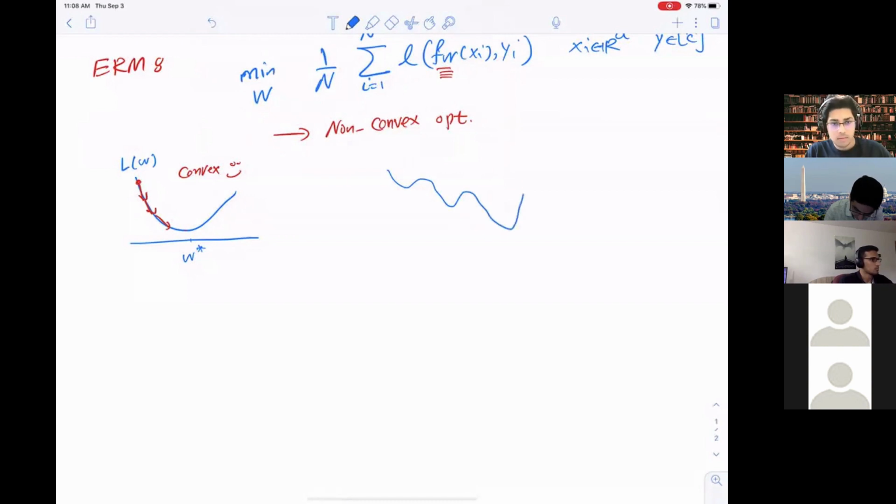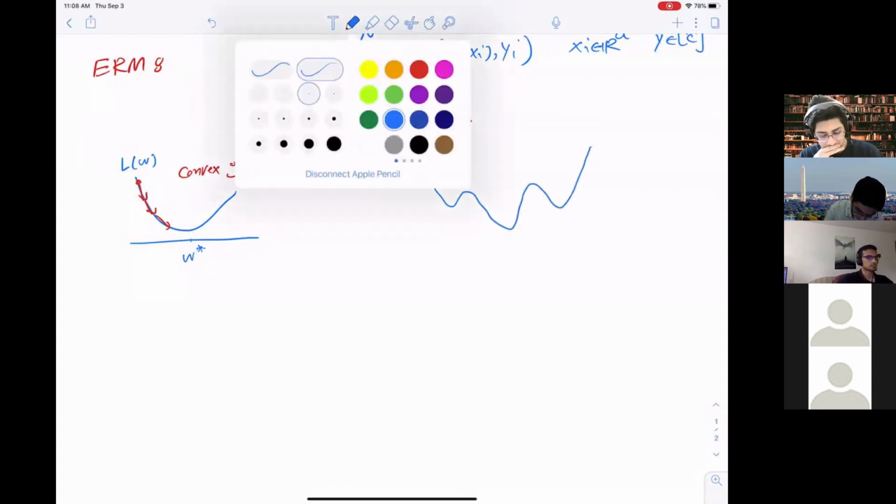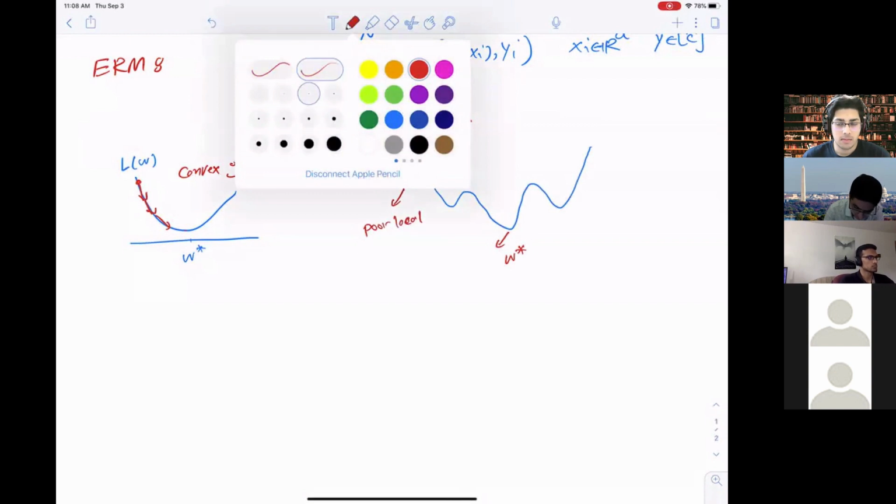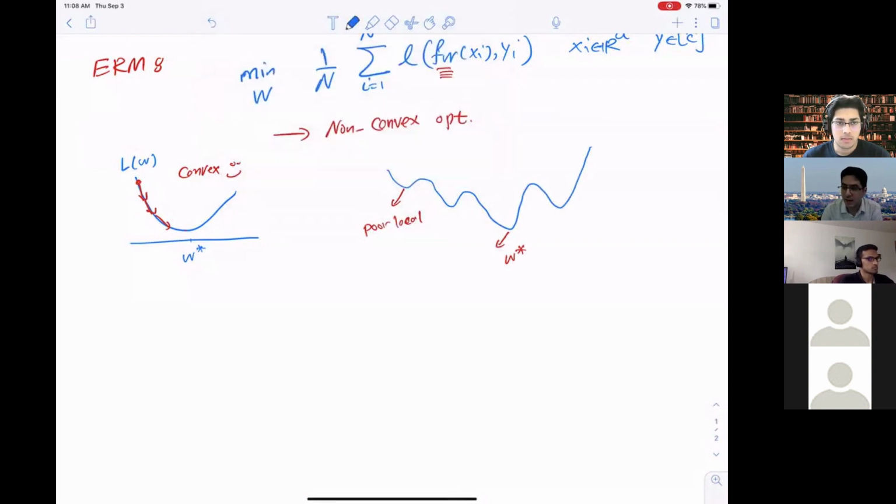So we may have some bad locals. So this is my W star, but here I have a poor or bad local. Or we can even have some saddle points. These are the points where the Hessian has both positive and negative eigenvalues. So you may have some saddle point problem as well.